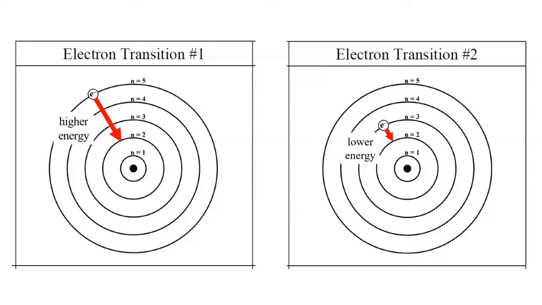So hopefully you can see by comparing the details of each of these diagrams that the electron transition on the left, involving an electron traveling from level 5 down to level 2, will release more energy than the transition on the right, in which the electron is only traveling from level 3 to level 2.